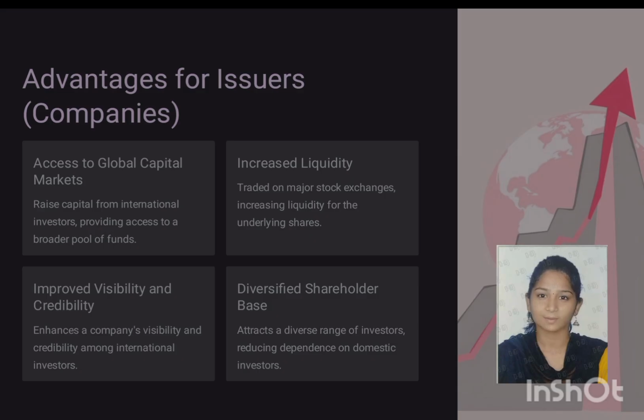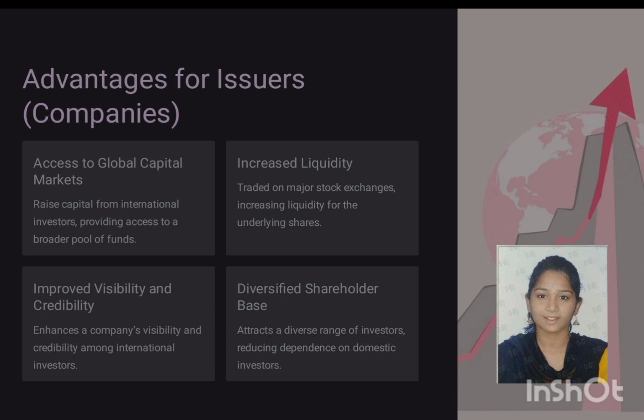Benefits of the global depository receipts. First, let us see the benefits derived by the issuers, who is a company. First point is access to the global capital market, where the GDRs, that is the global depository receipts, will help the companies to raise capital from the international investors, which will maximize the pooling of funds.